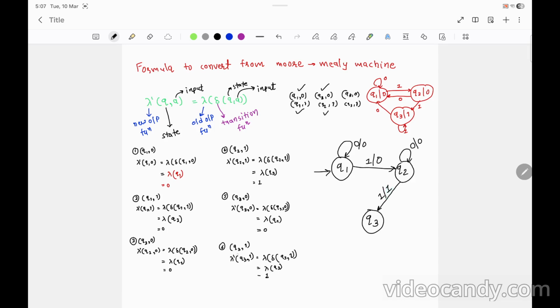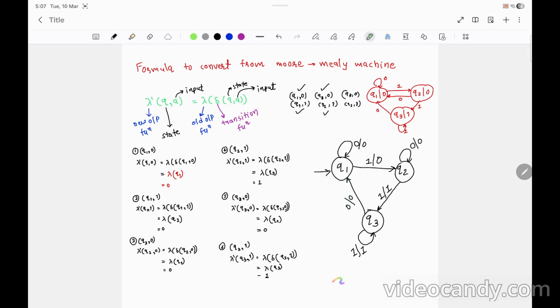For input 1 to Q3, we stay in the state itself with output 1. For state Q3, if we give 0 as input, we go to state Q1 with output 0.